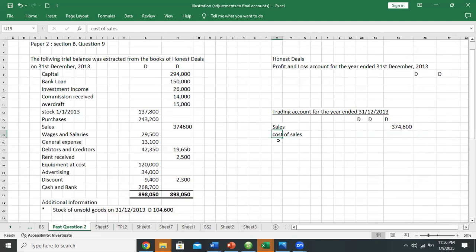And cost of sales, we begin with the opening stock, which we put at the middle column. The opening stock is the stock at 1st January, right? 137,800.